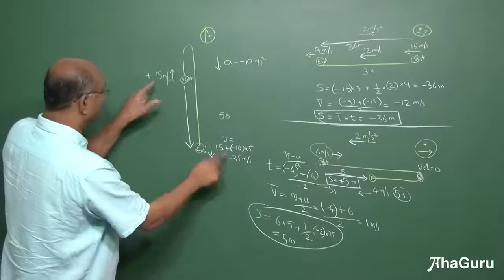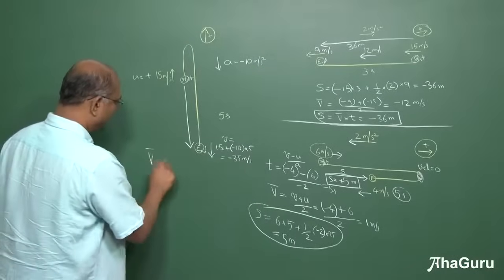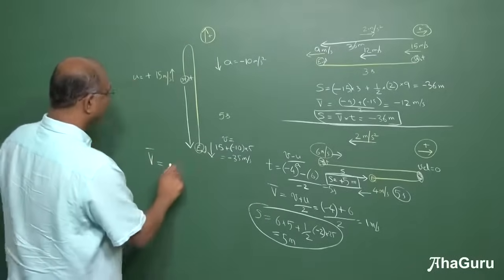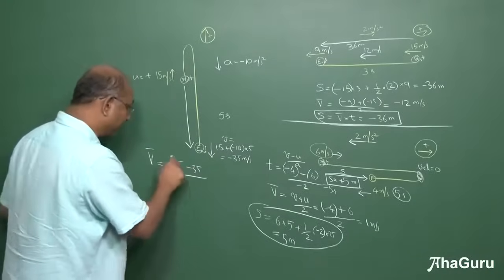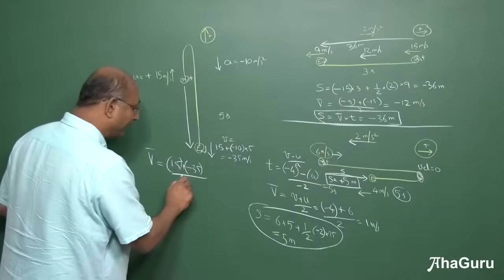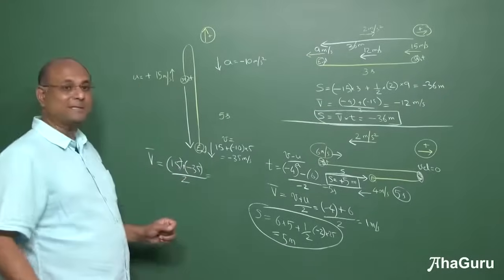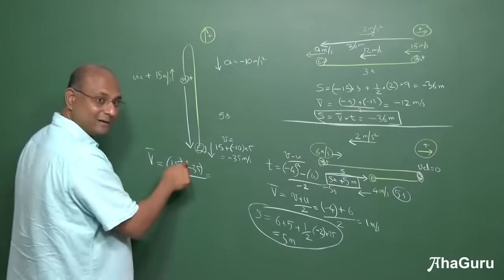What is average velocity? Average velocity is U plus V over 2, which is 15 plus minus 35, so 15 minus 35 divided by 2. What is 15 minus 35? 15 minus 35 is minus 20. Correct?